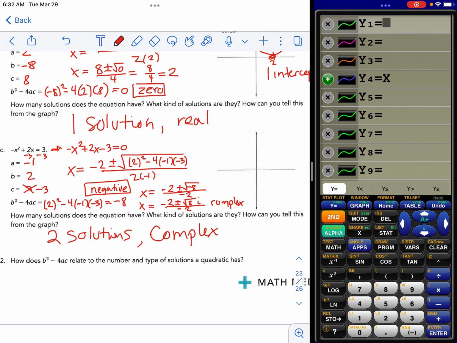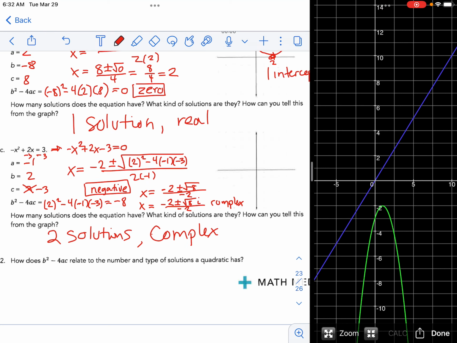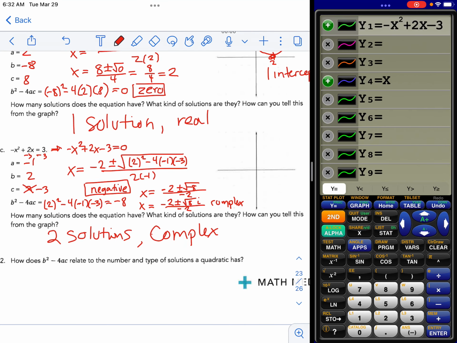So I think I'm going to rely on graphing this one. We could have graphed the other ones too. But let's just graph this one. -x squared plus 2x minus 3 equals 0. In other words, there's no real number that gets us 0 for this quadratic. And so when we graph it, what we see, hold on here, I do have another equation.